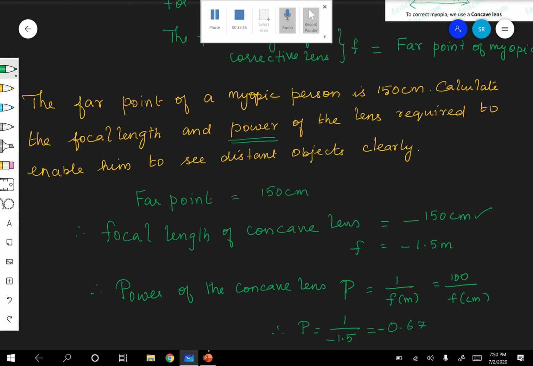What is the unit? Diopter. This is the power of the lens. Very easy. Far point is given, so definitely the focal length is indirectly given. The focal length of the concave lens is known, therefore the power of the lens is minus 0.67 D, that is diopter. Hope you are following, children. Is it clear? Right.